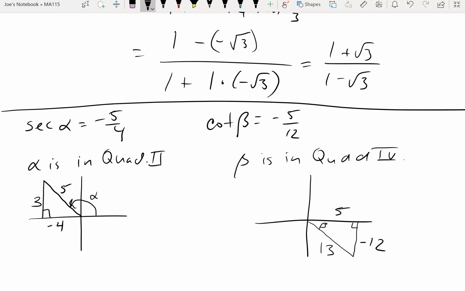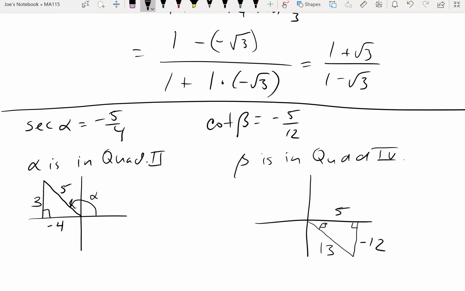We've done ones like this before, correct? There's nothing weird about setting up the triangles like this. We've done this, yes? Yeah, Colin? The secant's negative, the alpha's not, yeah.